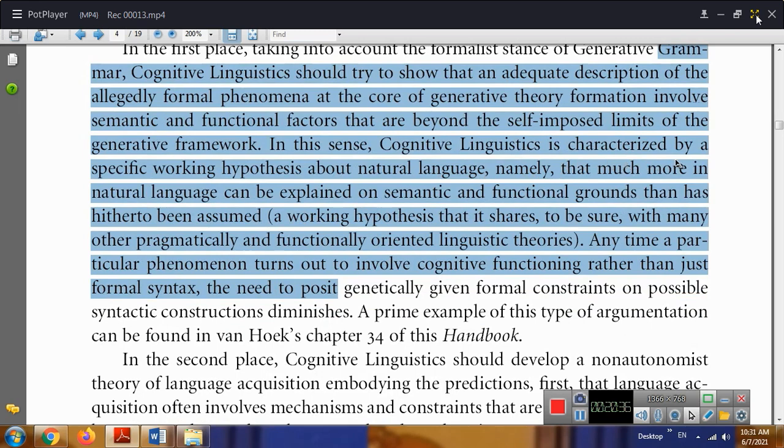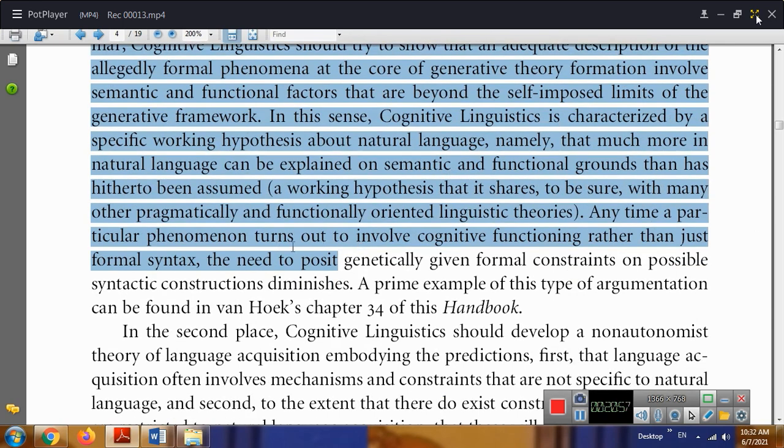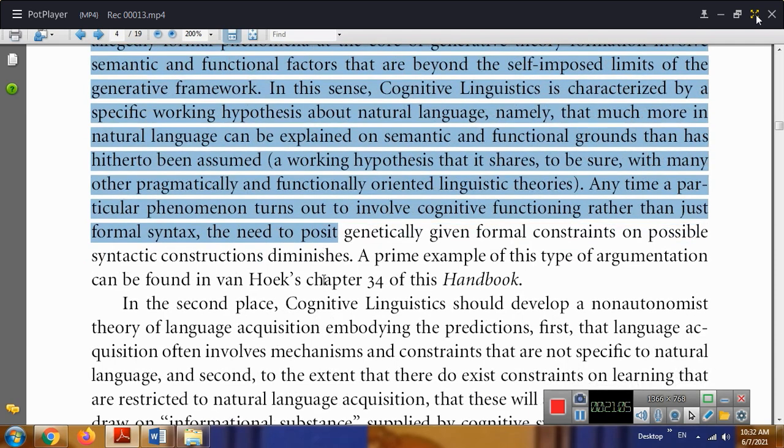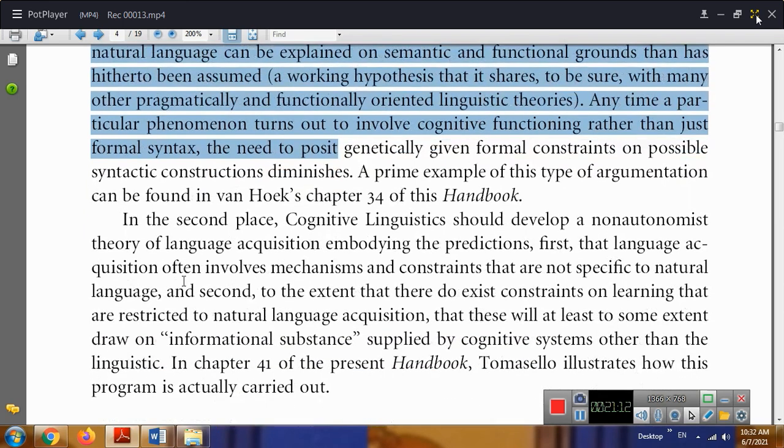In this sense, cognitive linguistics is characterized by a specific working hypothesis about natural language, namely that much more in natural language can be explained on semantic and functional grounds than has hitherto been assumed. Anytime a particular phenomenon turns out to involve cognitive functioning rather than just formal syntax, the need to posit genetically given formal constraints on possible syntactic constructions diminishes.